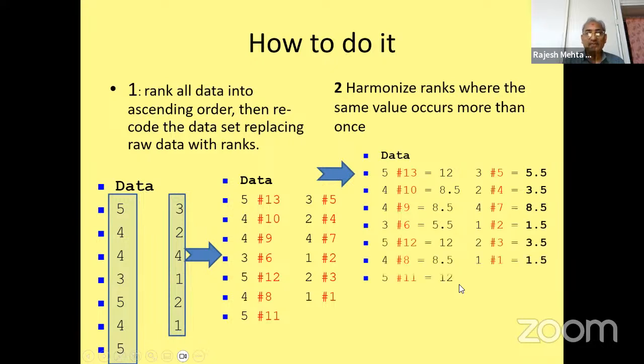Look at this. Probably I need to make it small. Now you'll be able to see better. See, here the one was given rank 1, another one was given 2. But if you take the average, the rank should be 1.5, 1.5.